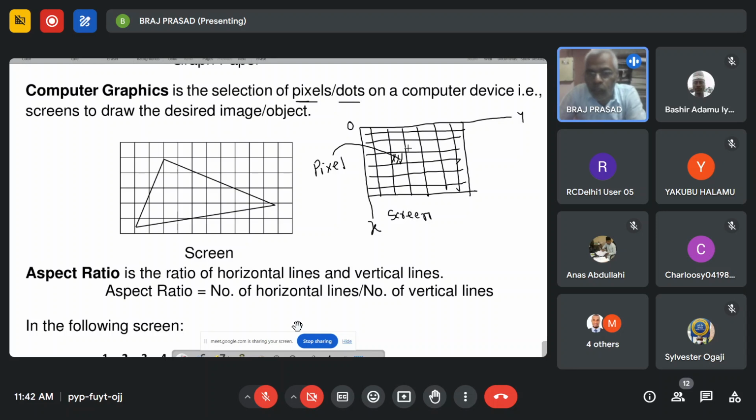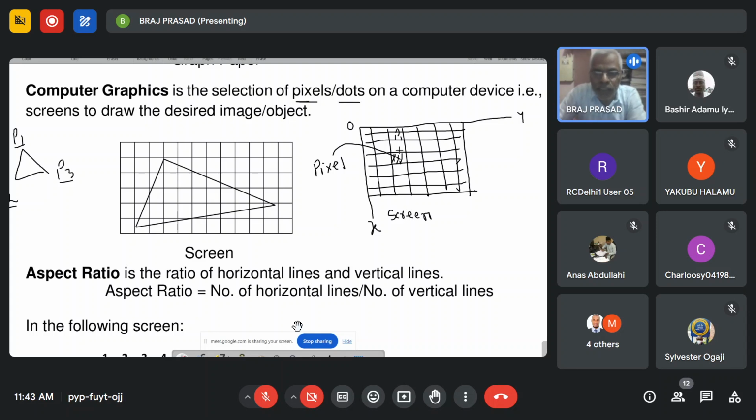If we want to draw a triangle, this is our object. Suppose it has points P1, P2, P3 like earlier. We have to determine these points on this screen.